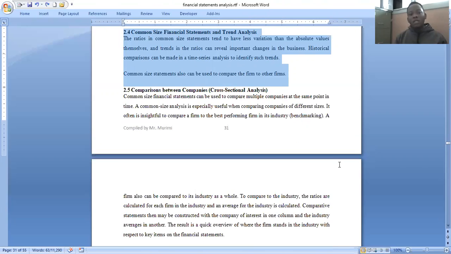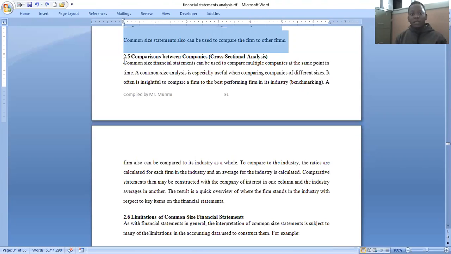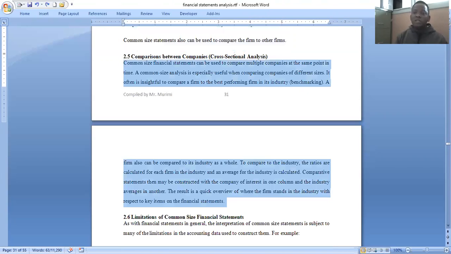Common size financial statements can also be used for cross-sectional analysis. In a cross-sectional analysis, you compare the performance and financial position of a business against other companies. So you list many companies together at a particular point in time so as to compare the performance of each against the others, so as to be able to identify which company is doing better than which one.